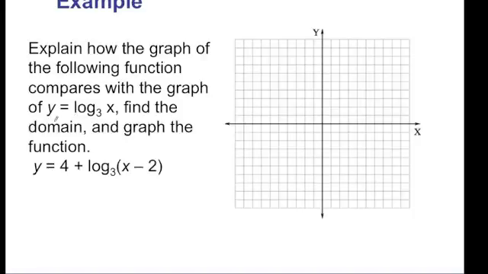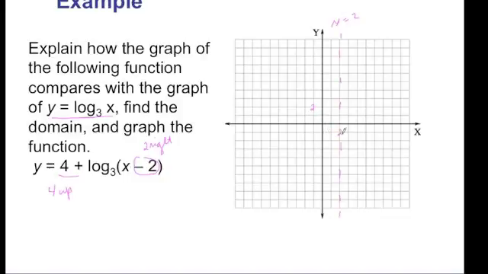We're going to be working with the same basic function, log base 3 of x. Find the domain. Well, this minus 2 means I'm going to be moving it to the right, and this plus 4 means I'm going to be moving it 4 up. To the right has essentially moved my asymptote to x equals 2. Move that vertical asymptote. We'll still go with those same 3 points. Our regular 1/3, -1.